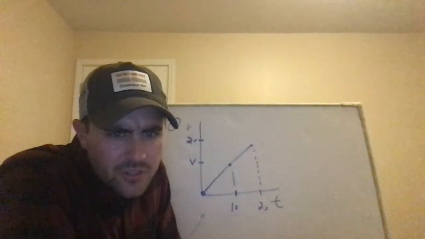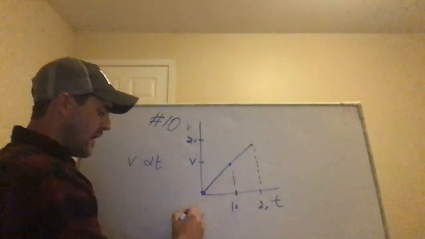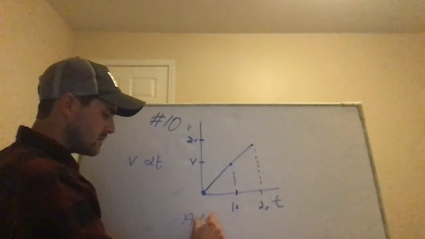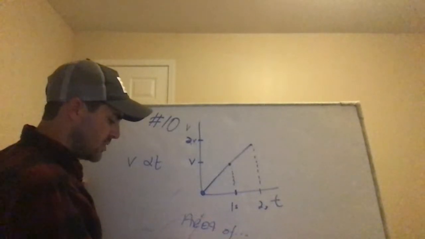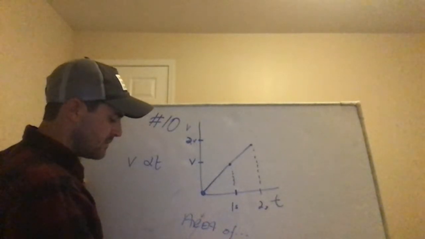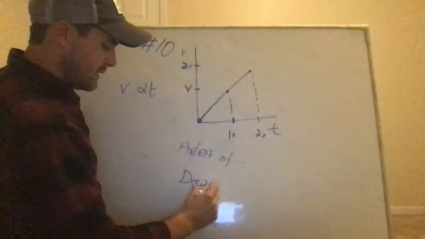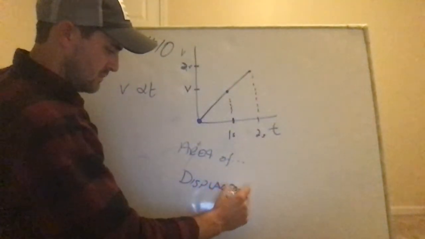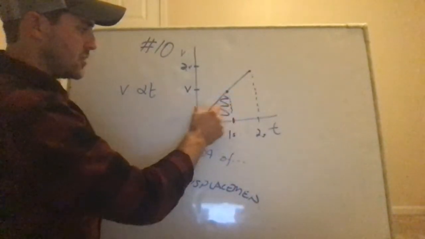The first second, okay, got it. So distance, again, if I have a VT graph, the area of the VT graph is position, or really displacement. Which means in the first second, I travel 2 meters.